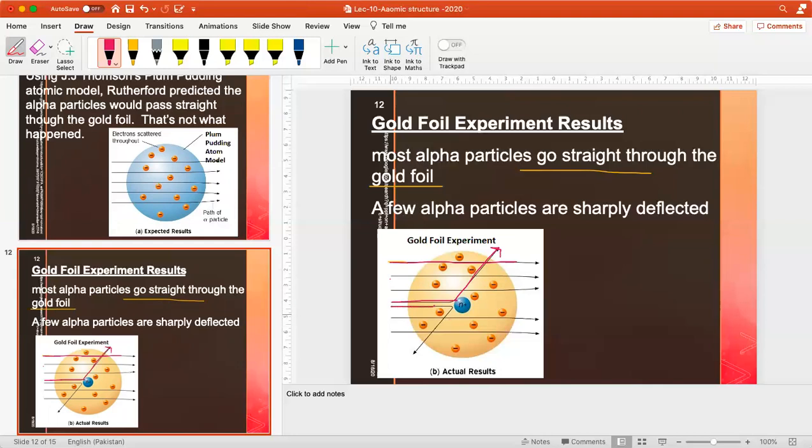This one is the second. So the rays which did not strike anything passed easily, but the two rays struck the blue part and were deflected.